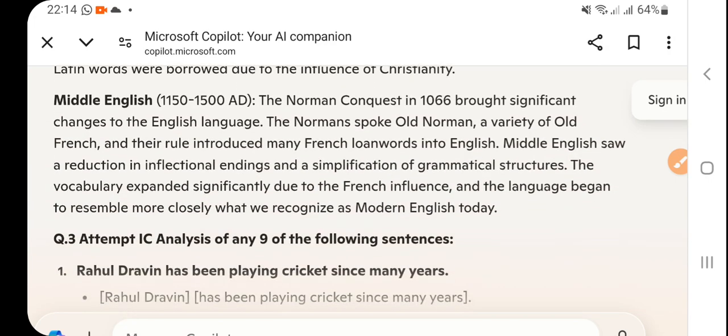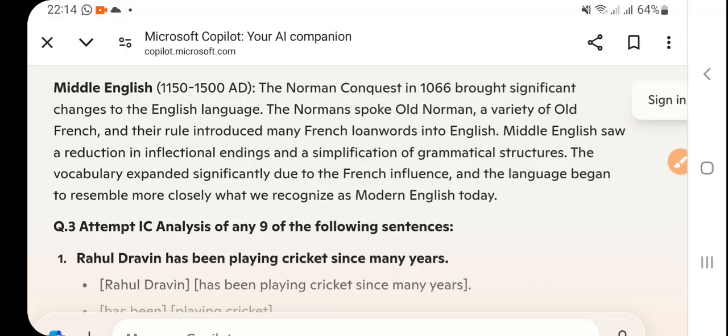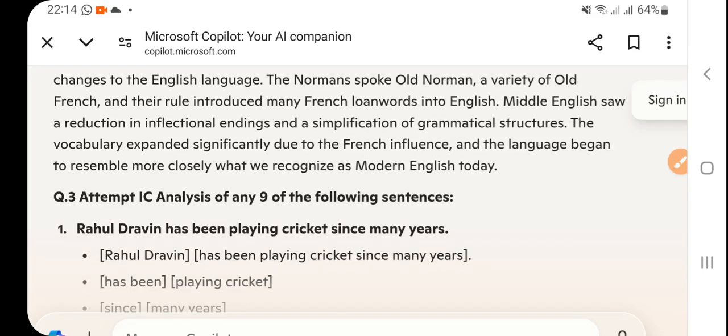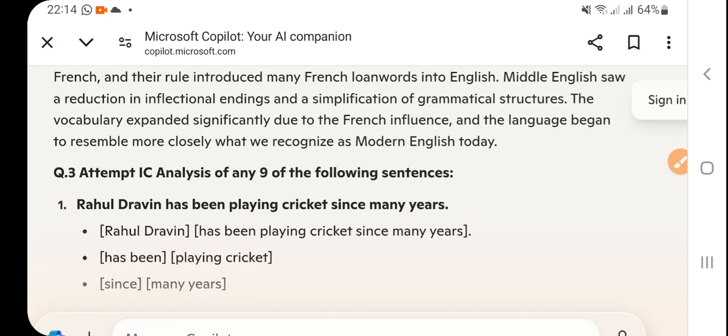Then Middle English. The Norman conquest in 1066 brought significant change in the English language, and the Normans spoke Old Norman, a variety of Old French, and their rule introduced many French loan words into English. Then Middle English saw a reduction in inflectional endings and a simplification of grammatical structure.